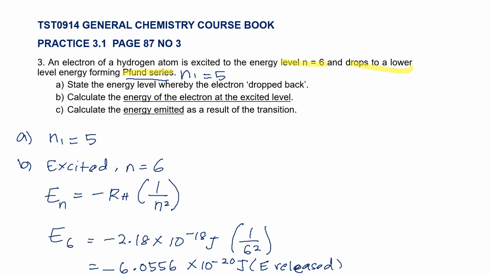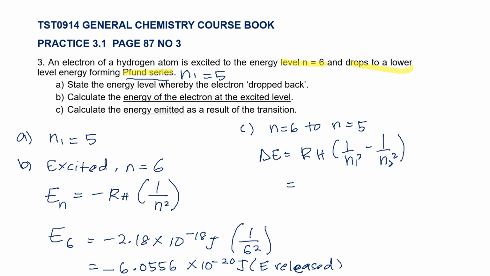So how to answer question C? Question C asks us to calculate the energy emitted as the result of the transition. The transition that we have here is from N equals 6 to N equals 5. To calculate the energy, we can use the formula delta E equals RH times 1 over N1 squared minus 1 over N2 squared.